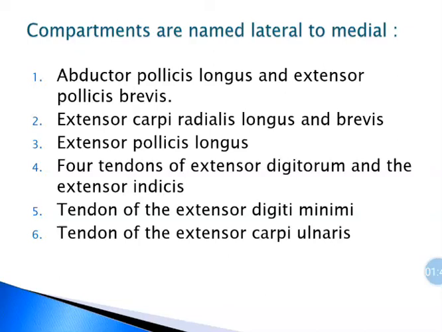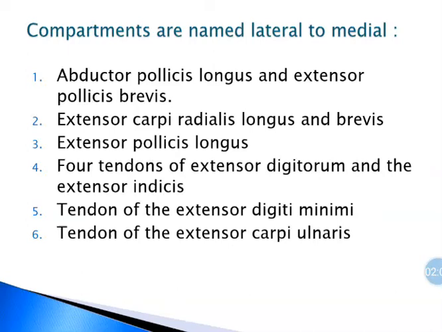The first compartment consists of abductor pollicis longus and extensor pollicis brevis. The second compartment consists of extensor carpi radialis longus and brevis.